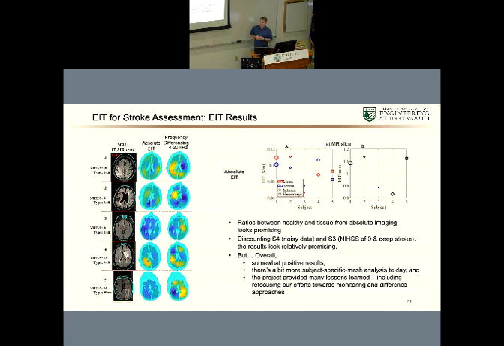Okay, thank you. Thank you for a fascinating talk. Regarding the first part of your talk, one of the holy grails of stroke research has been to try and figure out which patients are going to deteriorate. Do you think you might use your techniques to obtain a series of images and, based on the changes, predict who is going to deteriorate?